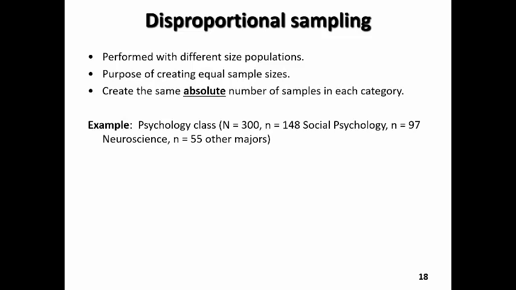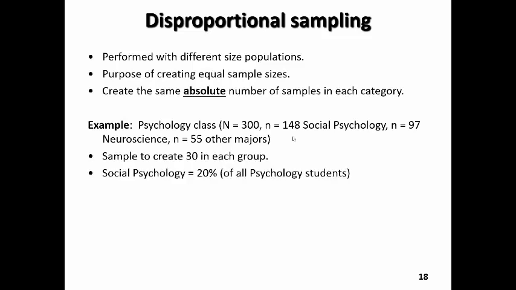We go with our psychology class once again with our 300 total students, 148 in social psychology, 97 neuroscience, and 55 other majors. The researchers may decide here that they want to create a sample of 30 from each of these 3 categories.